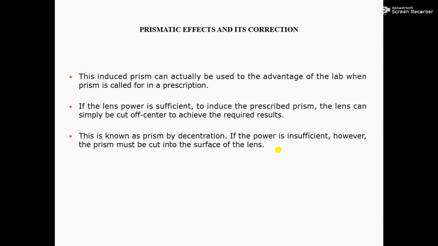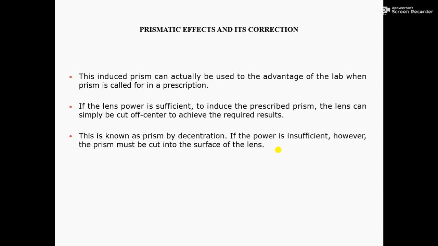Here, a prismatic effect is obtained at the center of an optical lens by producing a difference in peripheral thickness, either by grinding the back surface at an angle to the front surface during lens surfacing, or, if the lens has sufficient power, by decentrating the optical center of the lens.